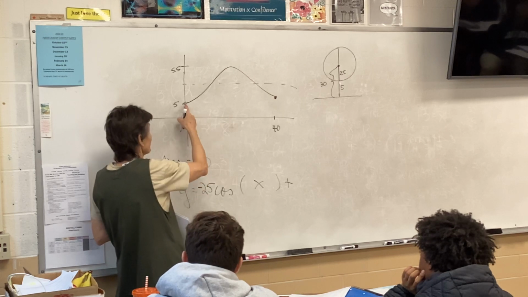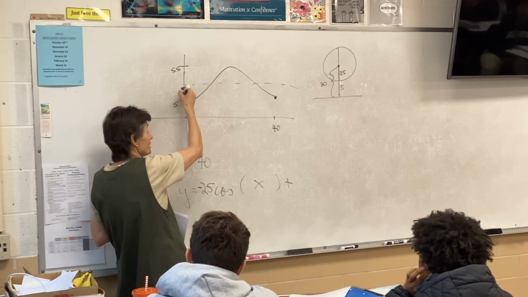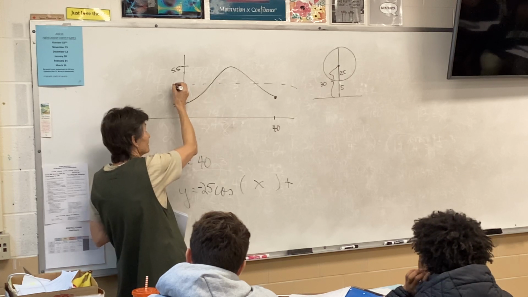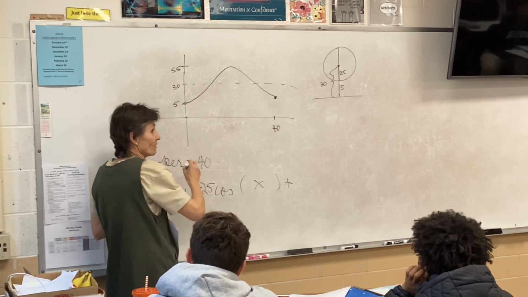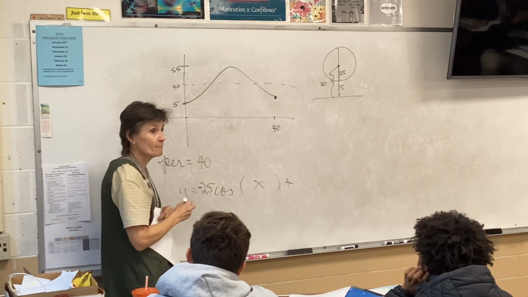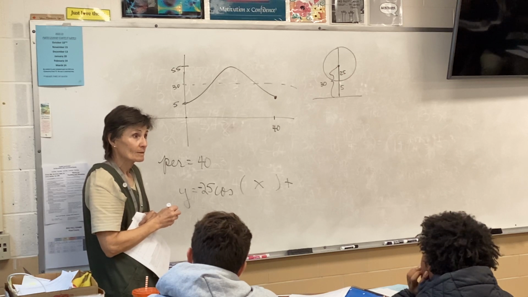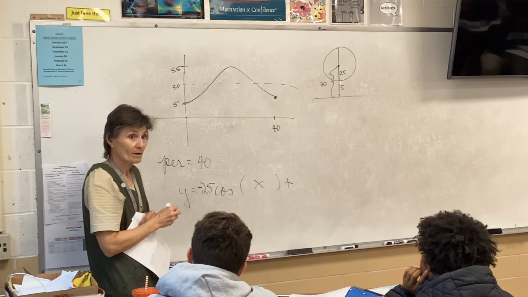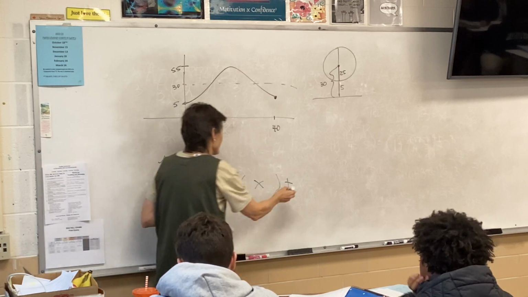Its vertical shift isn't 5. Its vertical shift is, what's this right here? No, it's not 25. It's halfway between 5 and 55. Aren't we 30 feet above the ground? I mean, isn't that axis 30 feet up? So that's a plus 30.